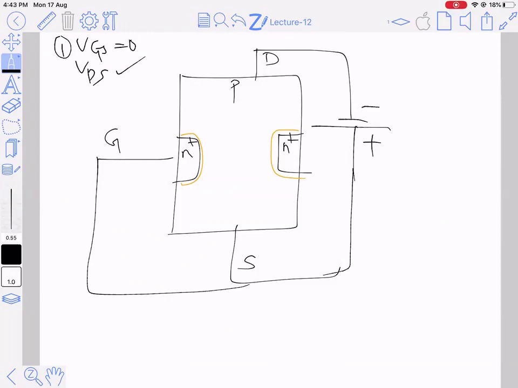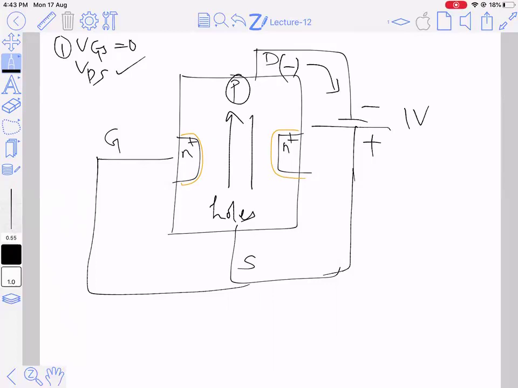Who are the majority charge carriers of P type? Holes. You're applying a negative potential over here. Say you're applying negative 1 volt. Holes will get attracted to the negative. Direction of current is the same as direction of holes.